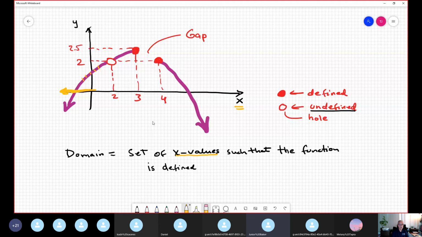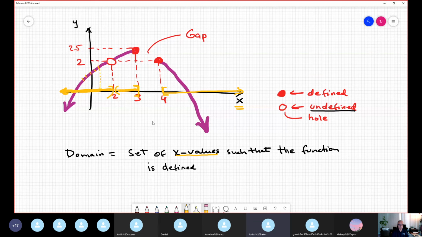Projecting means you project this point onto here, and we have one projection. Onto here, stop here, because I discovered that we have a hole here, and the hole is not included in the domain. This continues here. I highlight that part, and 3 is not a hole, it's defined, so it's a bracket. Here we have a gap. We have no function at 3.1, 3.2, 3.5, 3.7, no. And now a bracket again here, and it continues forever in that direction.